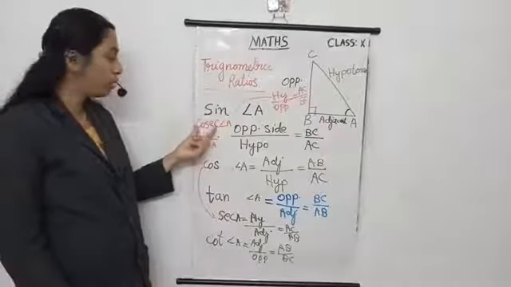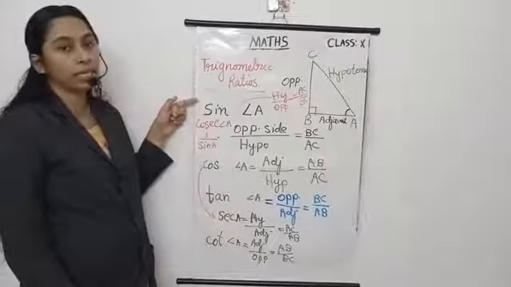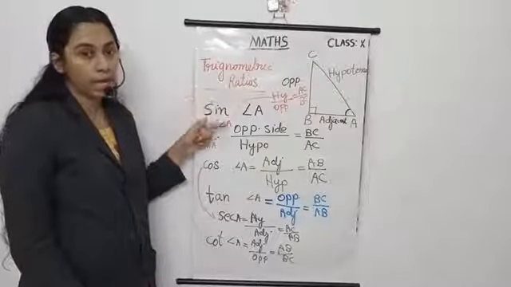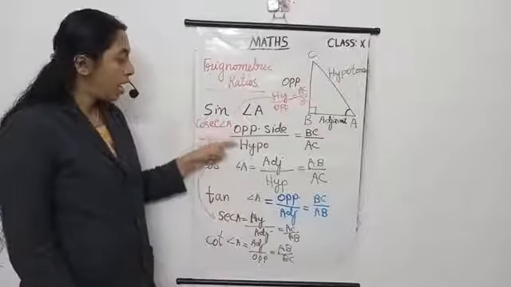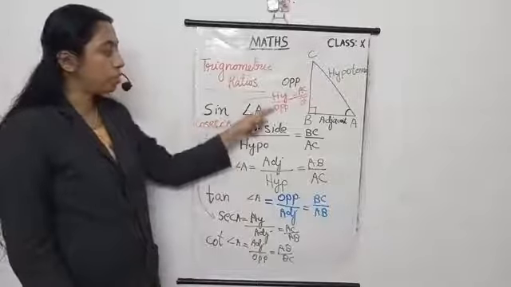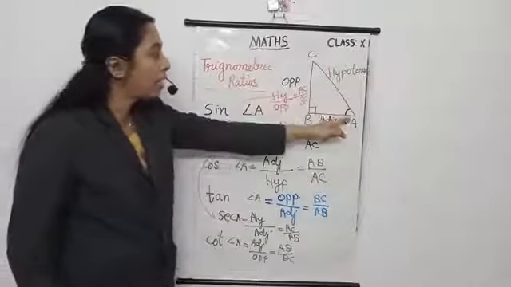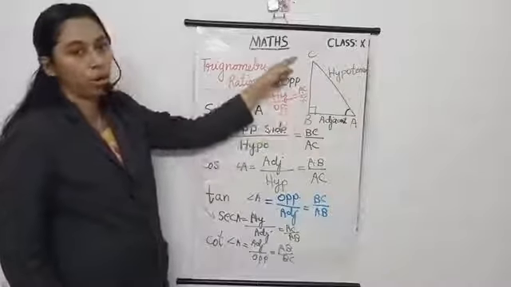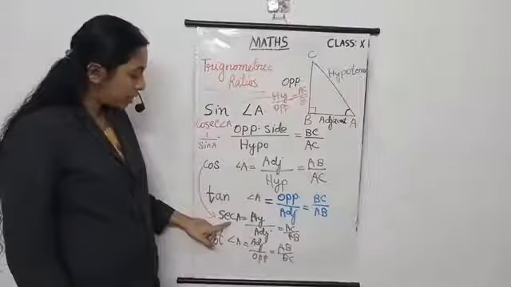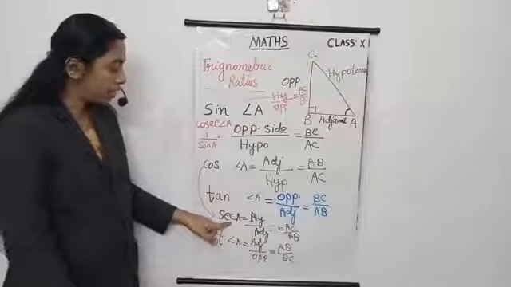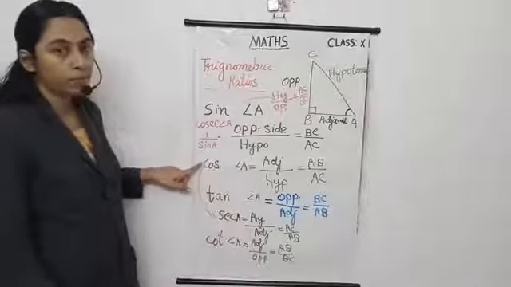Next is cosecant. Its short form is cosec and it is related with sine. Cosec is 1 by sine, that is hypotenuse by opposite side, and here AC by BC. And next is secant. Its short form is sec and it is related with cosine.